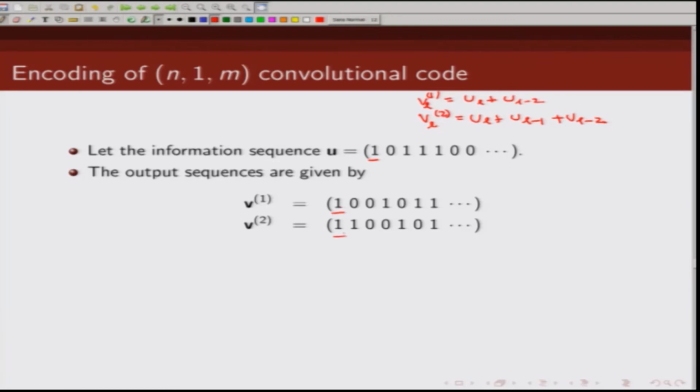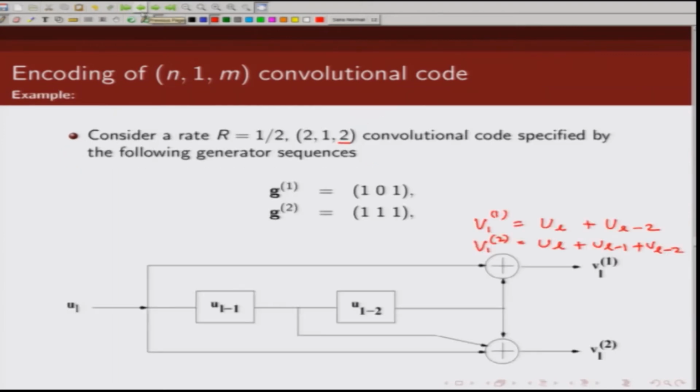Next, what happens? If you go back, this 1 which was here, when you apply a clock, moves here and a new bit comes here. So, now in the next time instance, UL minus 1 becomes 1, and what is UL minus 2? Since UL minus 1 initially was 0, this 0 will come here. So, the new contents of the shift register will be 1 and 0.